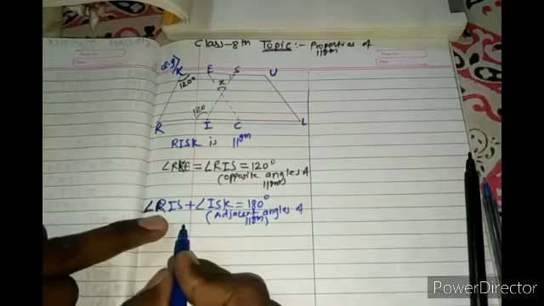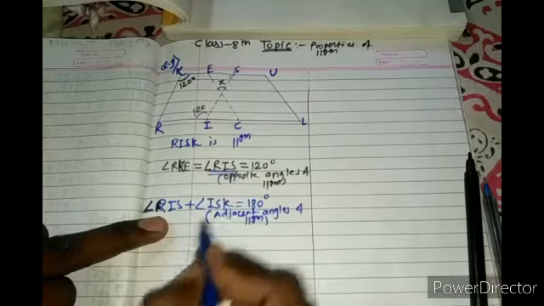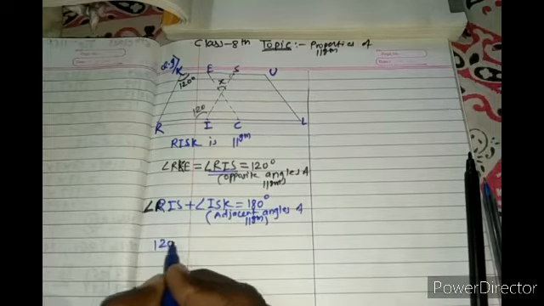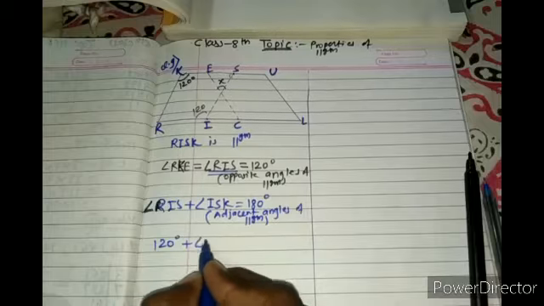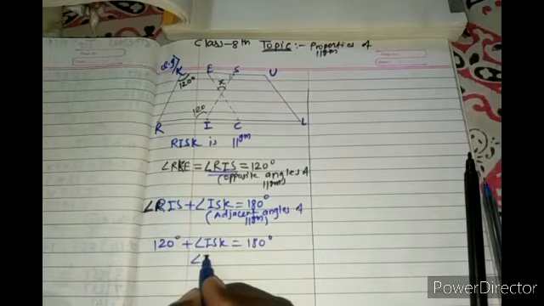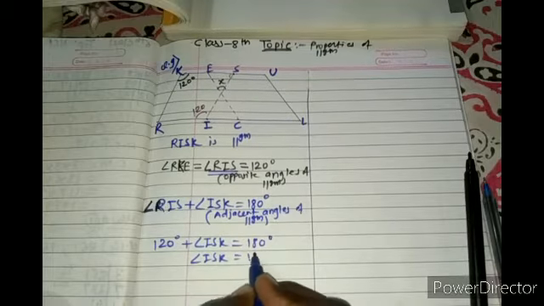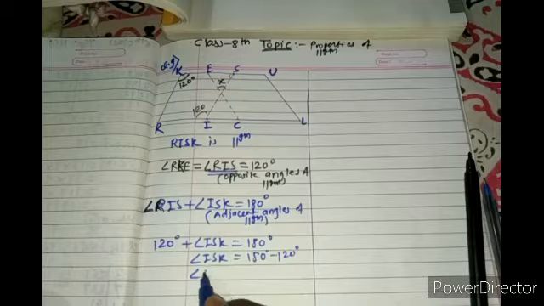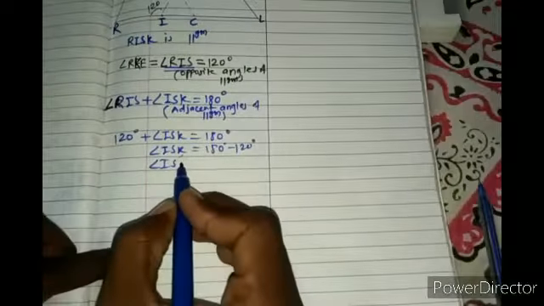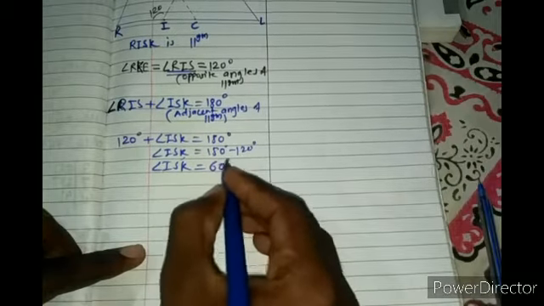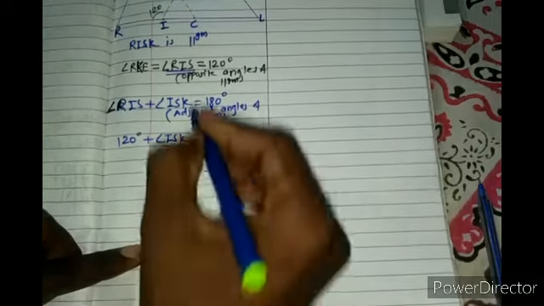After that we can put the value of RIS; we have already found RIS. So 120 degrees plus ISK equals 180 degrees. So ISK is 180 minus 120, which is 60, correct?